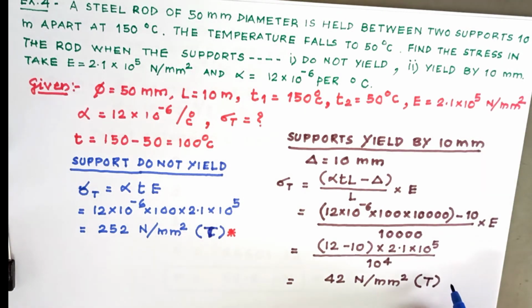So this is the answer of second part. So in this manner, we have calculated the thermal stress when the supports do not yield and the thermal stress when the supports yield by 10 mm. Do you understand this? Let us go for the last problem.